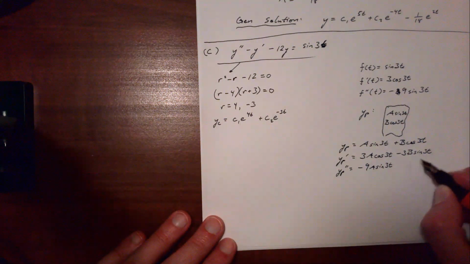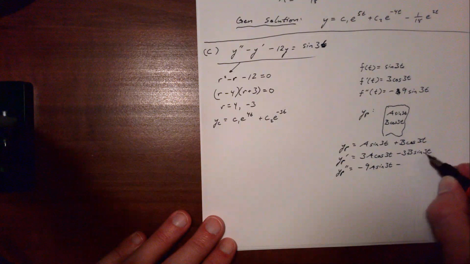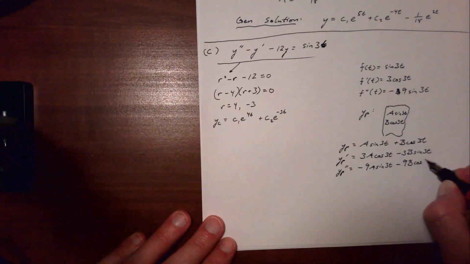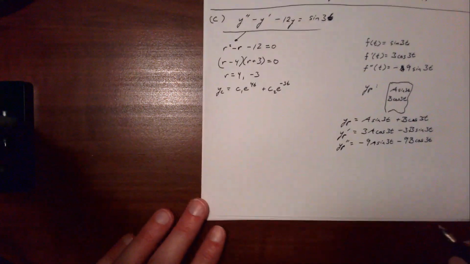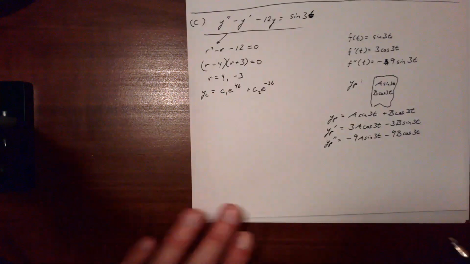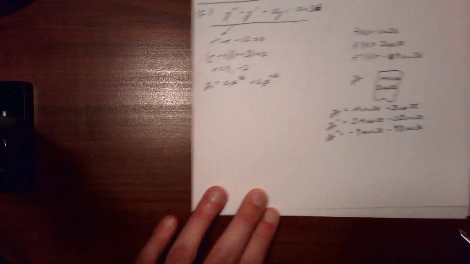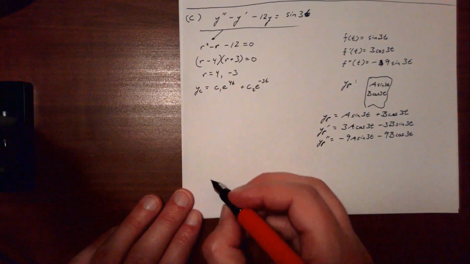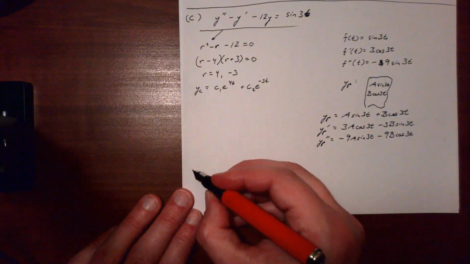And here it's sine, so it's going to become negative 9b cosine 3t. And then from this, we can start to try to solve for the a, b, and c.